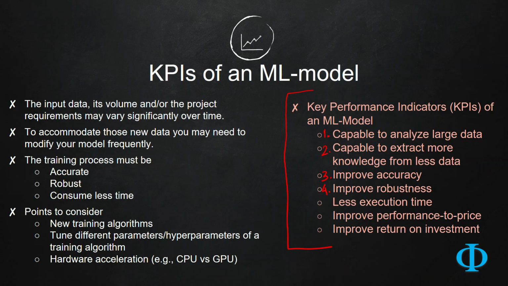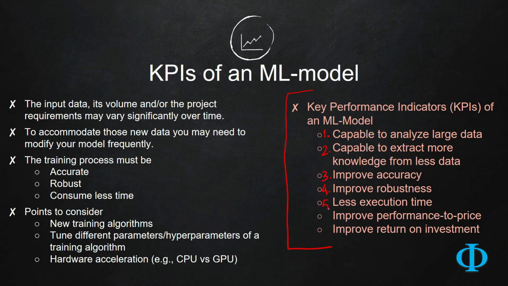Or let's say at some point your client changed the hardware environment and shifted from CPU to GPU. Is your machine learning model ready to take advantage of advanced hardware like GPU? That's one of the major KPIs in industry at this time.